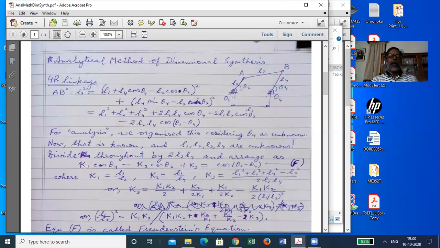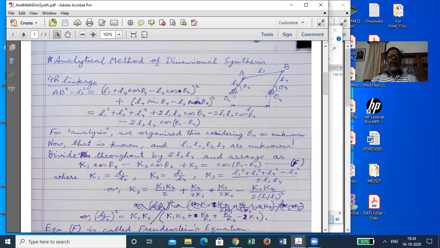Then you get K1 cos theta 4 minus twice L1 L2 by twice L2 L4, so that will give you L1 by L4. Minus L1 by L4, call that K2. So minus K2 cos theta 2. And then on this side nothing will remain because we are dividing by twice L2 L4.